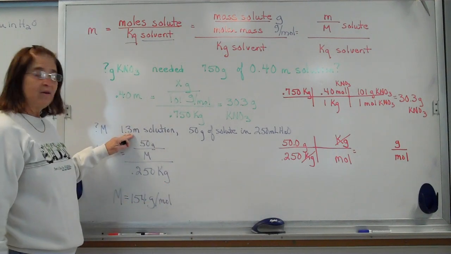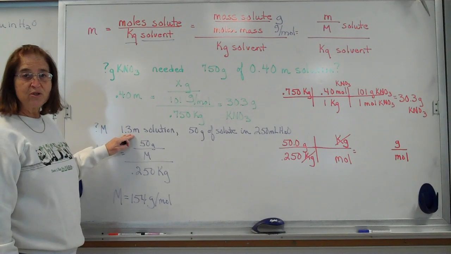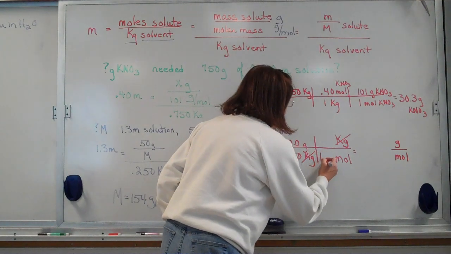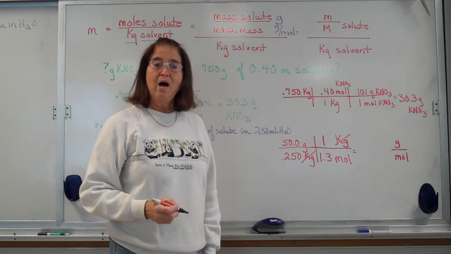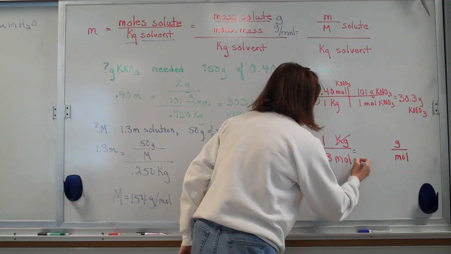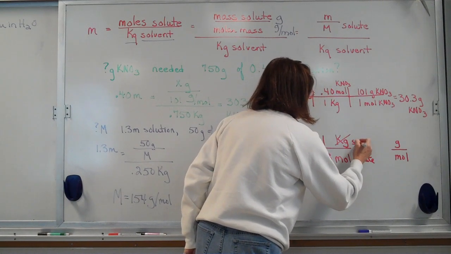Look at what we have here. We have a 1.3 molal solution. What does that say? It says that I have 1.3 moles in 1 kilogram of water. So this is moles of solute, kilograms of solvent.